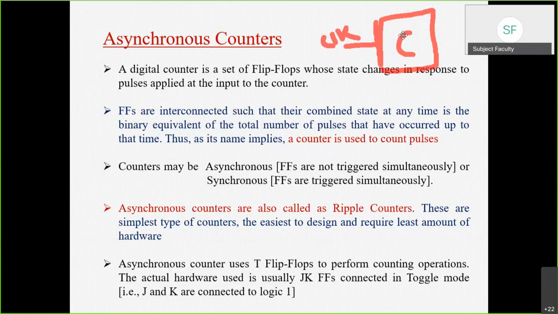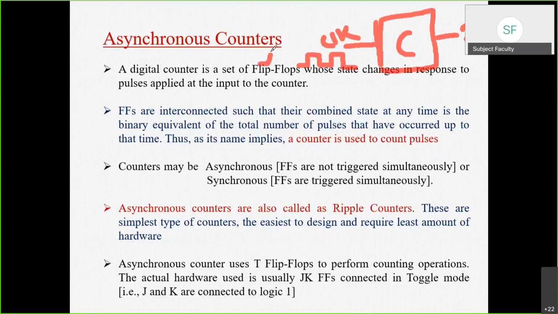The function of this block is to count the pulses which are applied as the clock. Suppose you are applying two pulses. The output of this counter should be 2, because only 2 pulses have been applied to the clock signal.